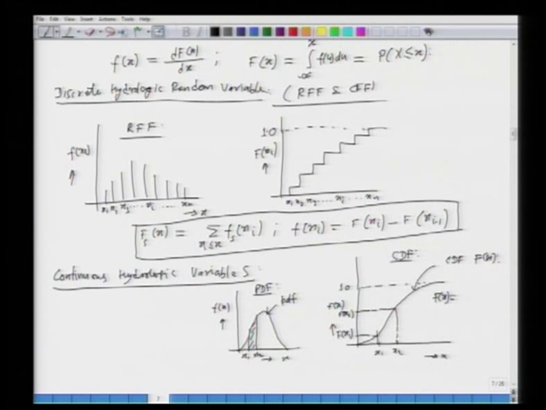What does this represent? It is the probability of your random variable X having a value less than or equal to x.